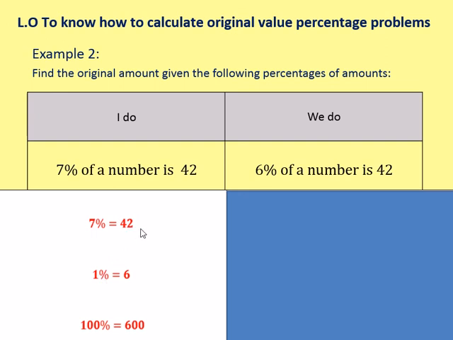And 42 divided by 7 gives 6, so 1% is 6. Then we need to times by 100 to work out what 100% is. So 100% equals 6 times by 100, which gives 600. So 600 was our original number. Copy that down please, and then pause the video while you take a moment just to try the we do as well.